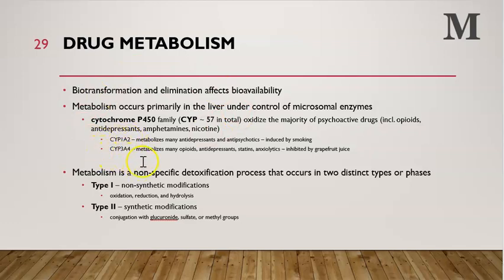You can also see some examples of how these enzymes can be inhibited. So for instance, we've got this enzyme CYP3A4. This enzyme specifically metabolizes these opioids, antidepressants, and anxiolytics, which is great.